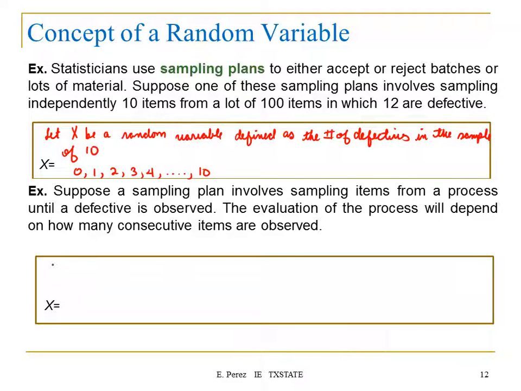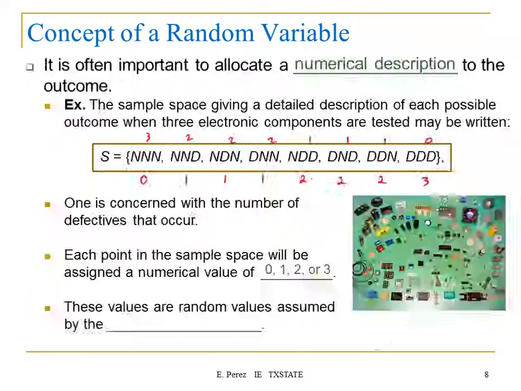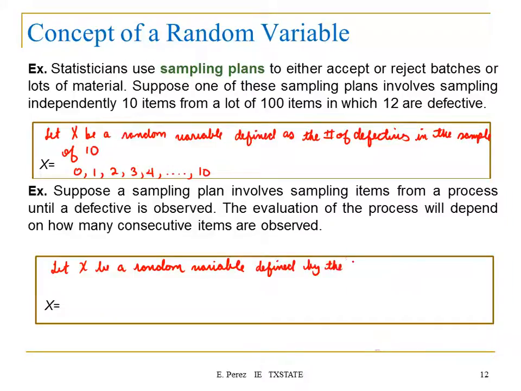So we can define a random variable, let X be a random variable defined by the number of items observed before a defective is found.